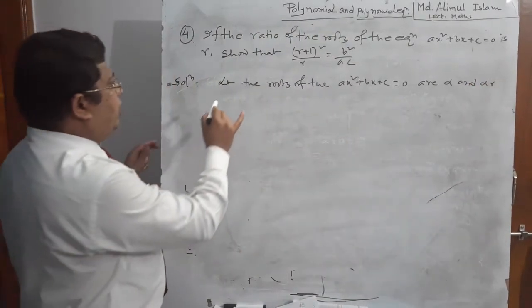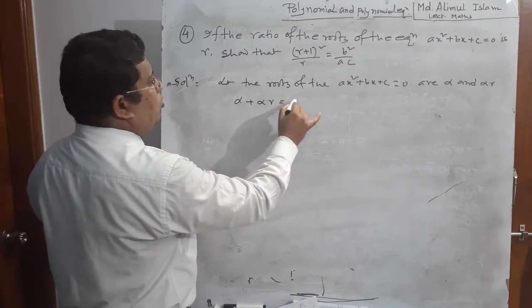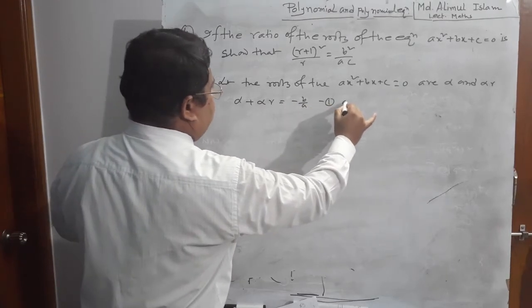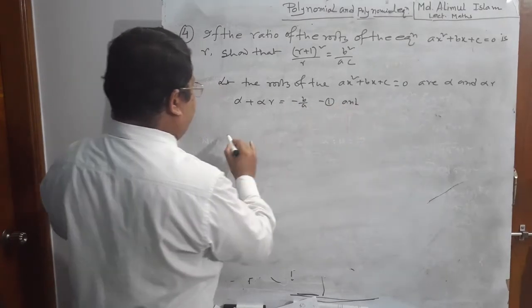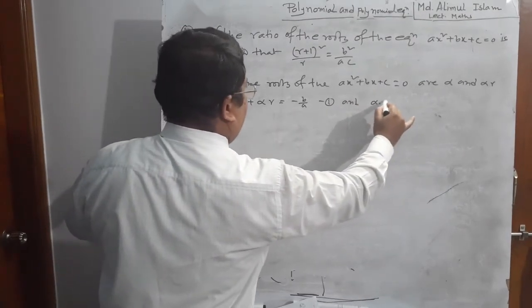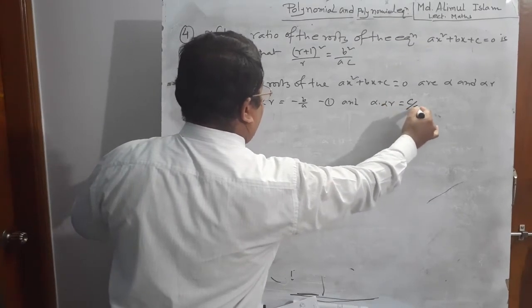Sum of the two roots, alpha plus alpha r is equal to minus b by a, and product of the two roots, alpha into alpha r is equal to c by a.